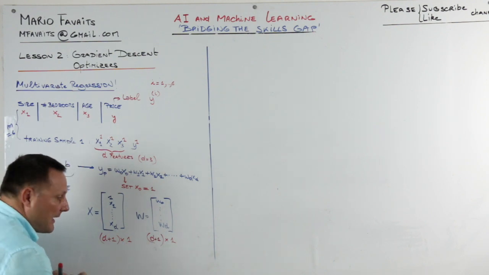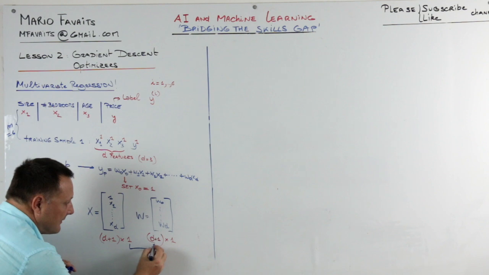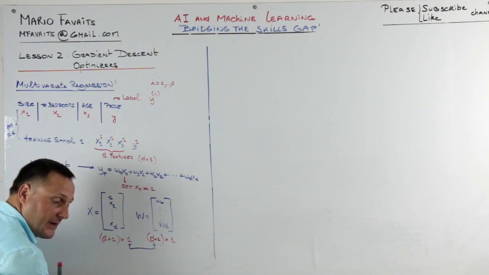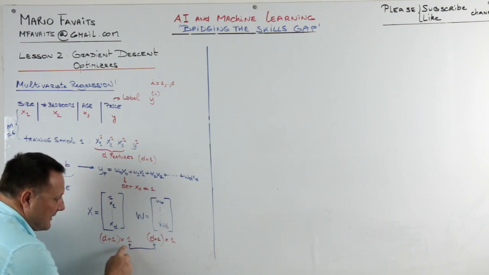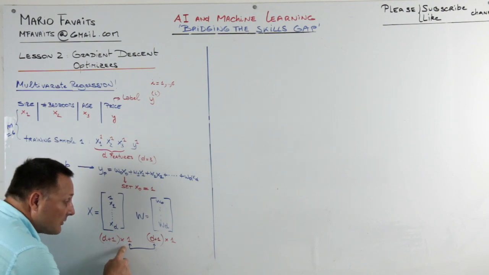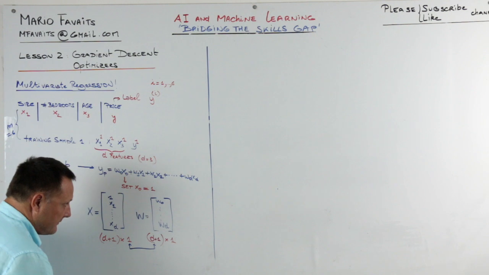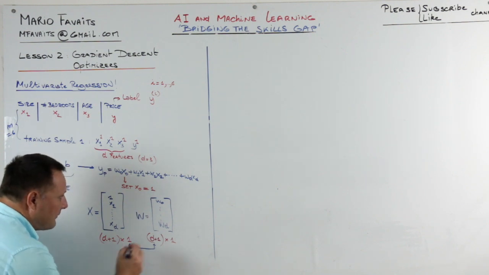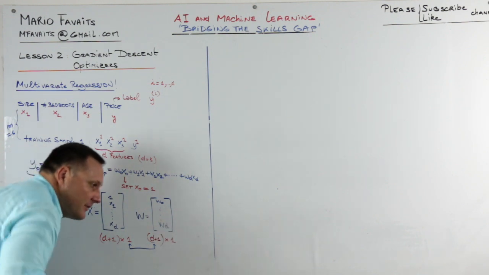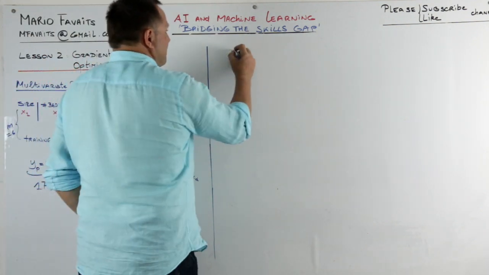Now we can't multiply these because we have this issue, right? Remember, when you multiply matrices or vectors, the number of columns of one needs to be the same as the number of rows of the other. So that's why we will generate W transpose.